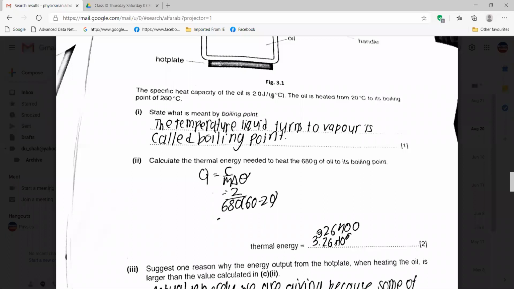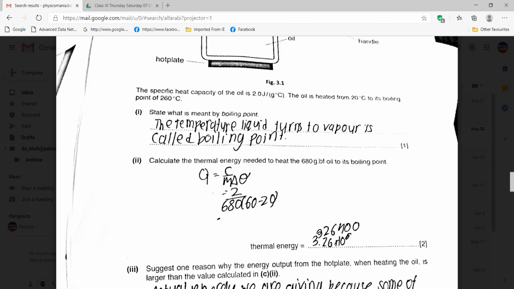If this unit is given in kg degree Celsius, then you have to convert 680 gram to kg. Is it clear? Yes, sir. So you note it and you be very cautious during the test about how your units are given and how they want you to write them.